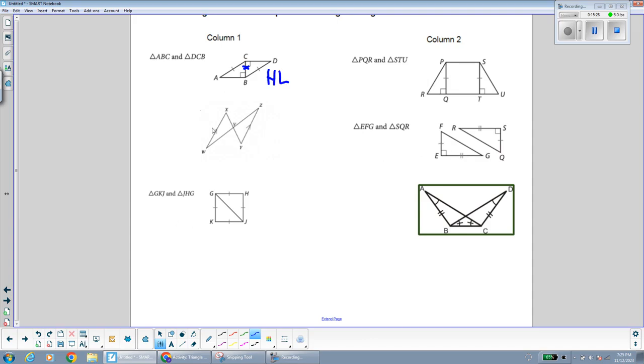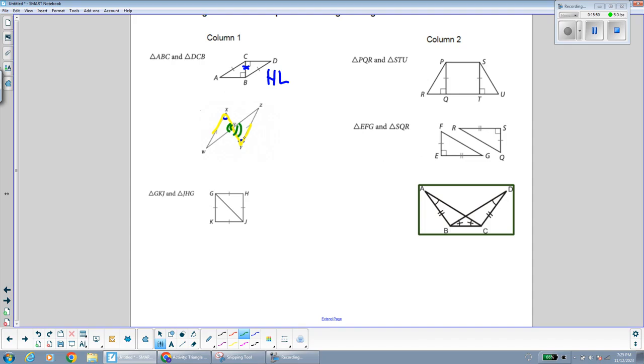Over here, we have two parallel sides of these two triangles. When we have parallel lines, alternate interior angles are congruent. If you're having trouble seeing those, just highlight your parallel lines and the transversal intersecting them, and you'll see your letter Z. In the corners of the Z are your alternate interior angles.